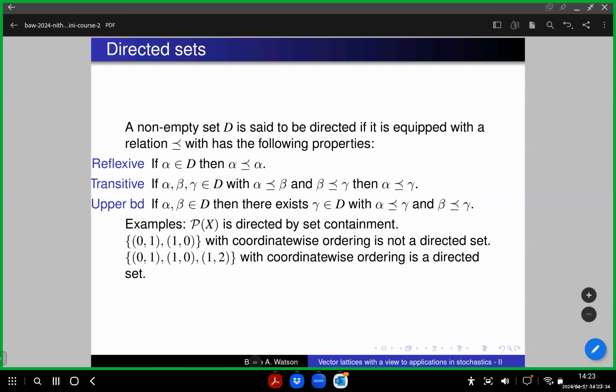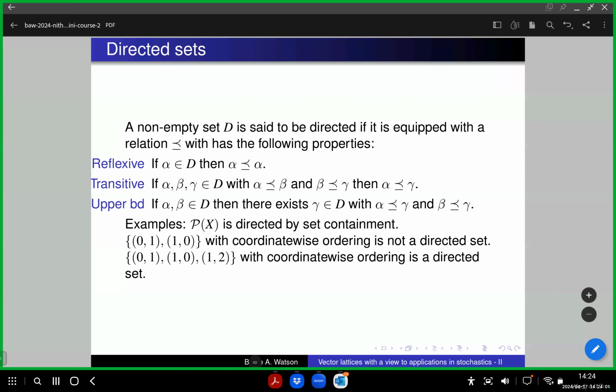Firstly, it needs to be reflexive. So each alpha in D is related to itself. So alpha is below or equal to alpha. It is transitive. So if alpha, beta, and gamma are in D, and alpha is below beta and beta is below gamma, then alpha is below gamma.